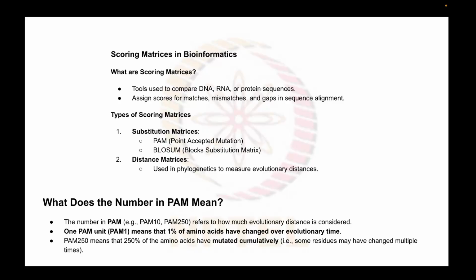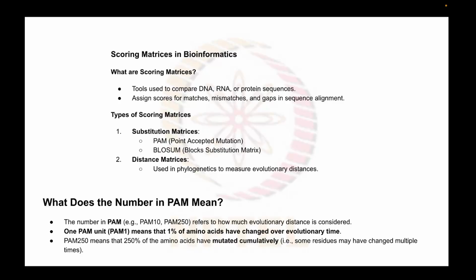PAM was introduced by Margaret Dayhoff in the 1970s. The basic idea behind a PAM model is to quantify the probability of a particular amino acid substitution over time, assuming a constant rate of evolution. Generally the unit of measurement is PAM, which represents 1% change in amino acid sequence.